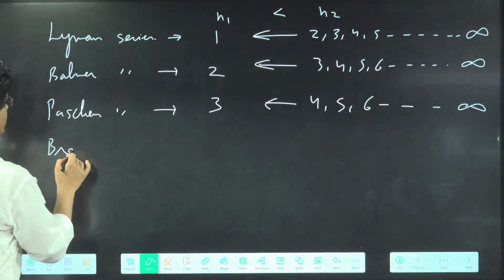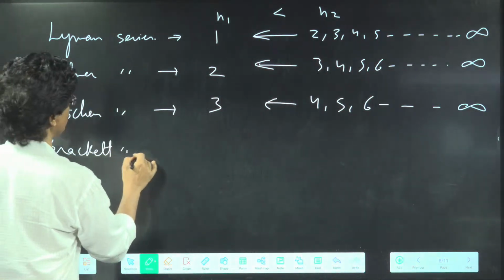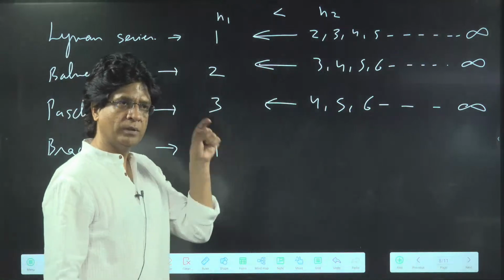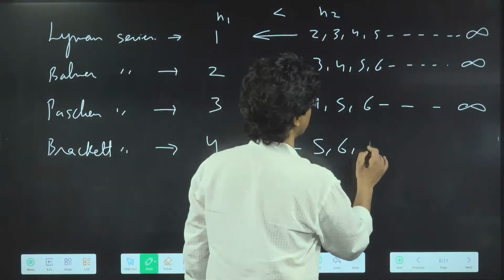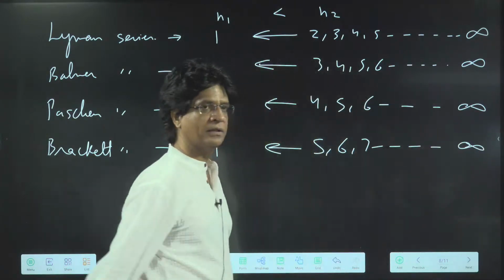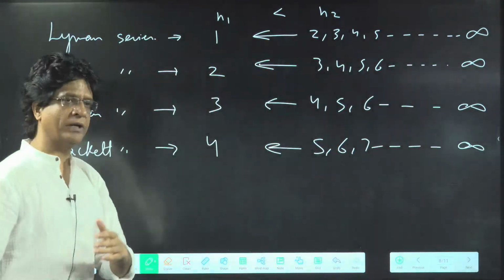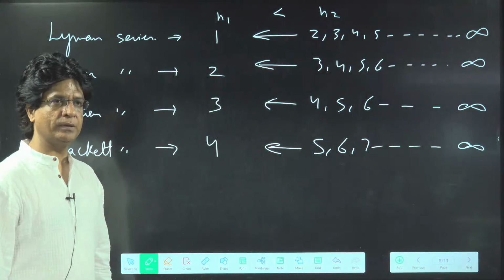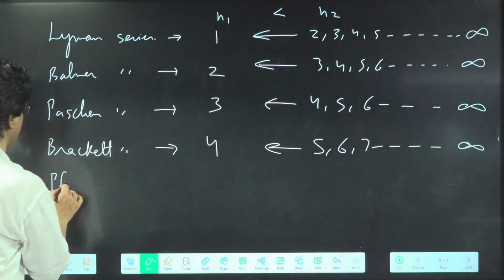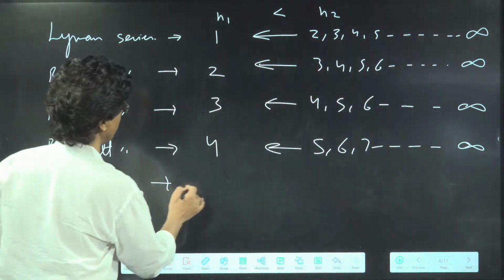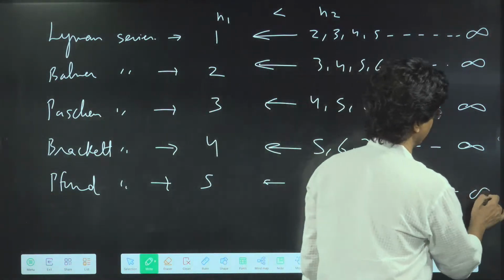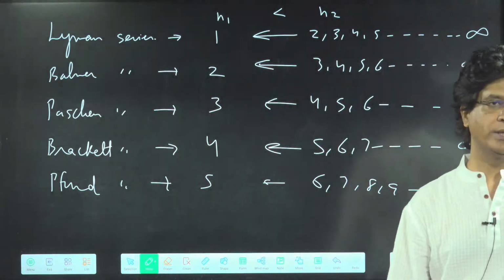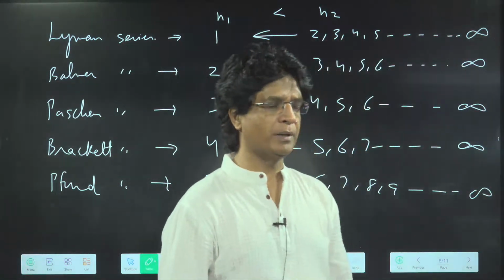Then we have the Brackett series. It will have to come directly to orbit number 4, from higher orbits 5, 6, 7, 8 and till infinity. And so on. Write the Pfund series too: it will be 5 from 6, 7, 8, 9 and till infinity. You're doing excellently good. Keep it up.